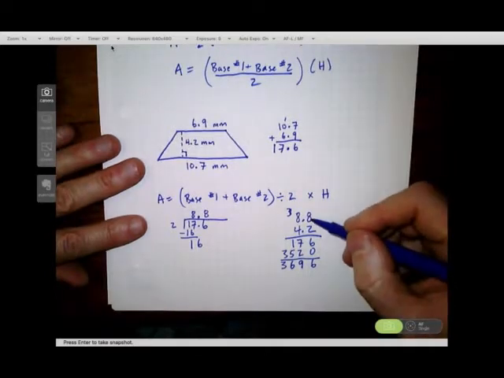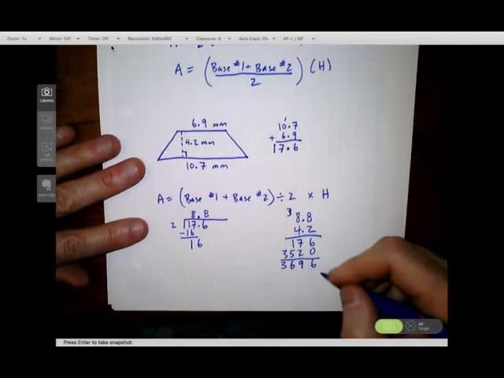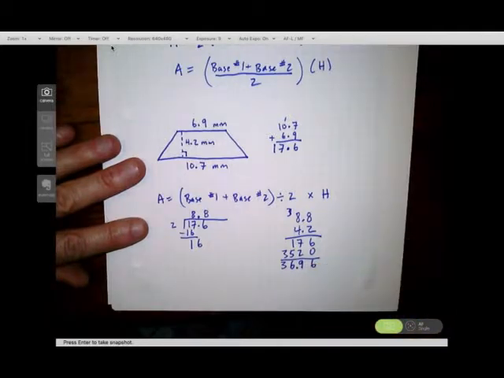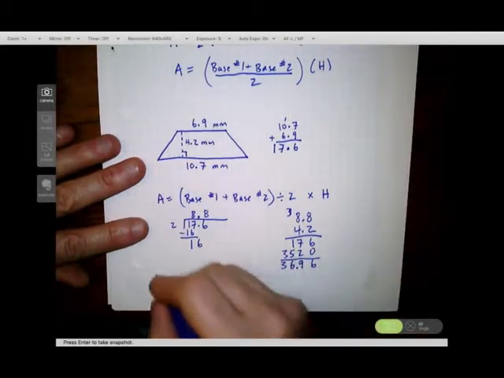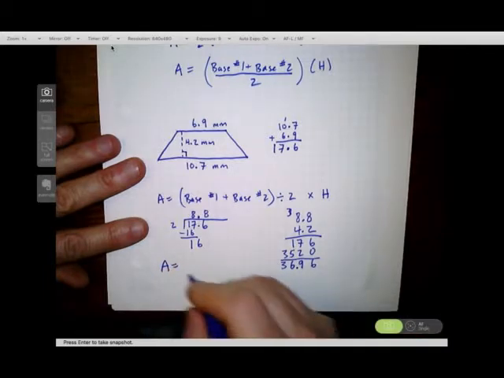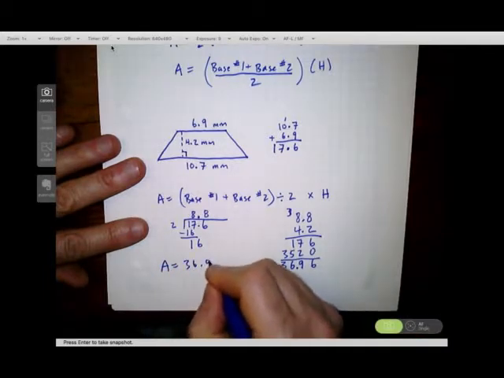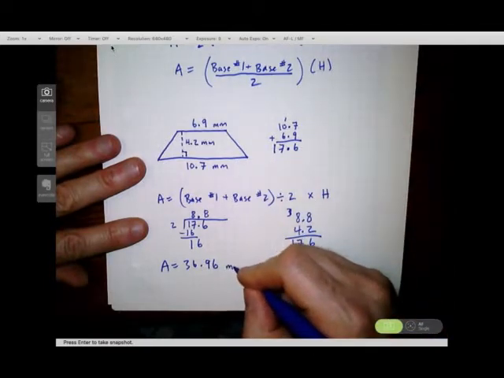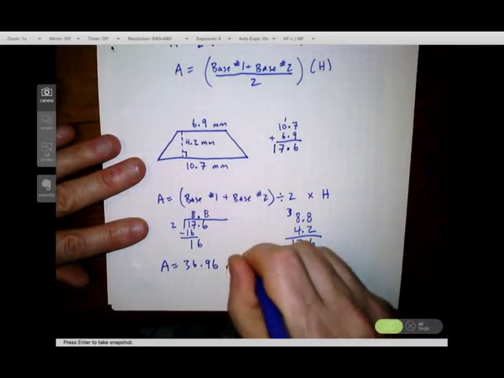And again, one number after the decimal here, another number after the decimal there, so that's 2 places in my answer. And there we go. So the area equals 36.96, and it's going to be millimeters squared, or square millimeters.